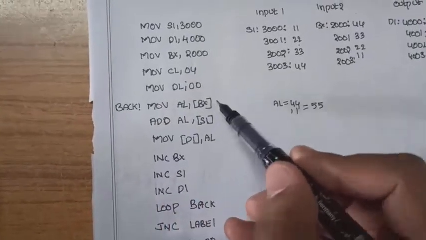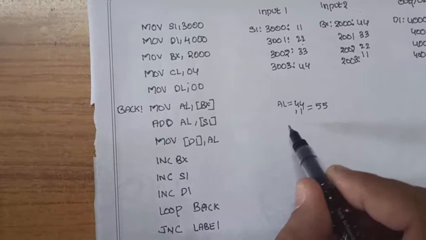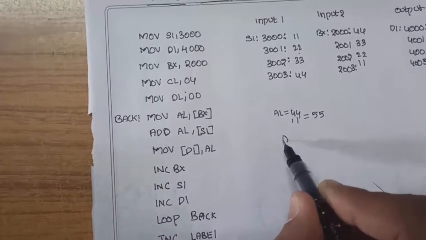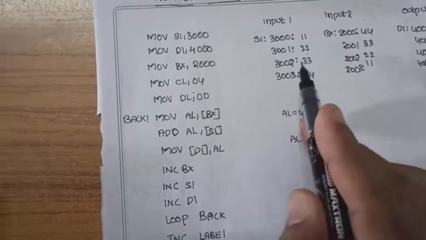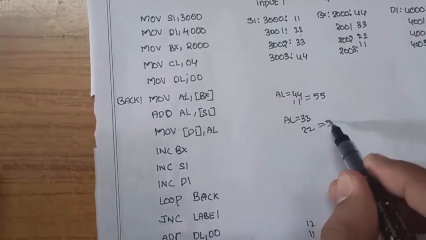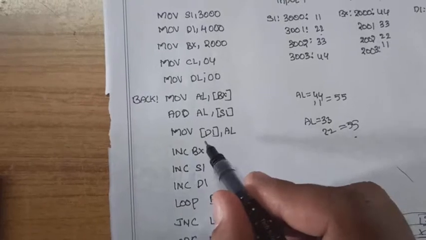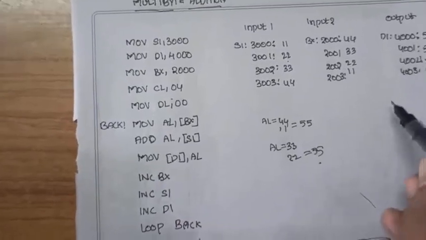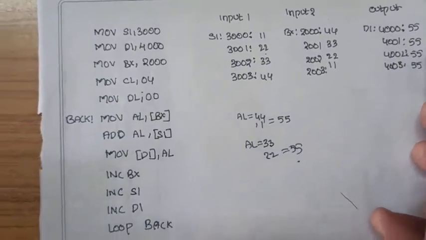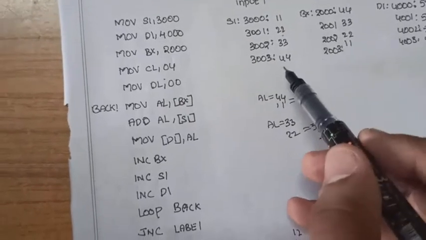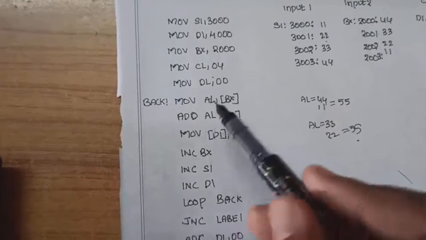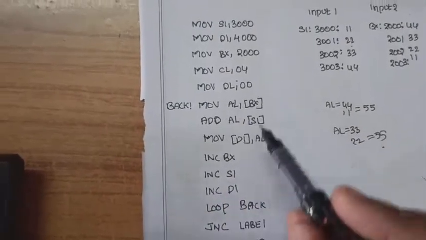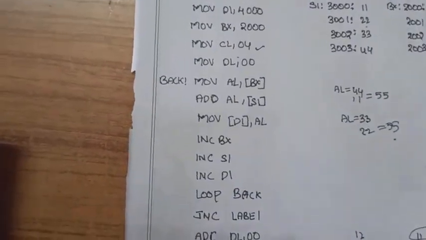In the second iteration, AL will be loaded with 33, then it gets added with 22 in SI, so the result will be 55. 55 will be moved to the next location of DI, which is 4001. Again the next byte, increment SI, increment BX, increment DI, and then again the same operation. This loop repeats until the count becomes 0.